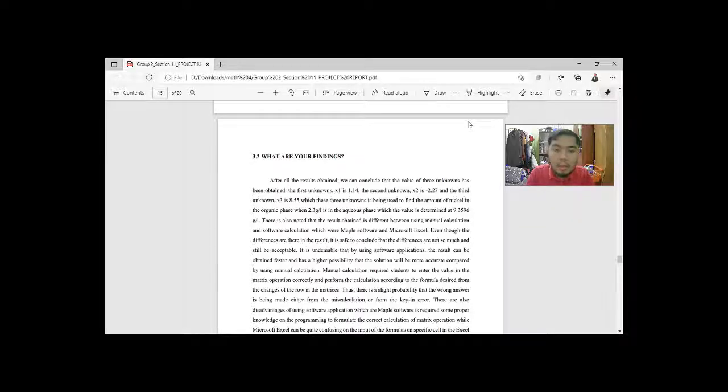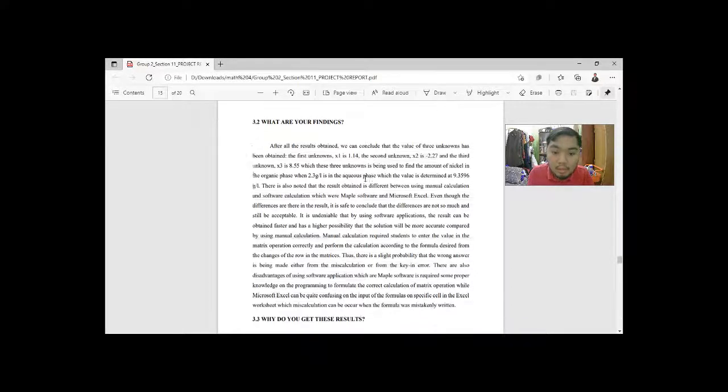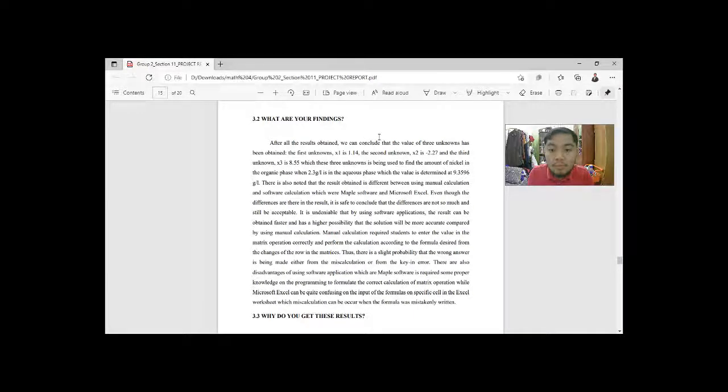Okay, right now I will explain the discussion part of the assignment. After the results were obtained, we can conclude that the values of the three unknowns are: the first, x1, is 1.14, the second is negative 2.27, and the last is 8.55.